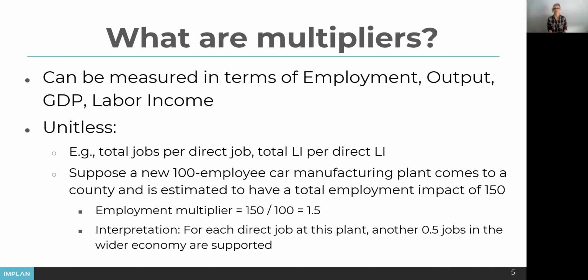The interpretation of this is that for each direct job at this plant, another 0.5 jobs in the wider economy are supported. And those could be jobs in other industries or service sectors in the economy, or even the same industry, but at a different company, because you might be buying some parts or some service from some other company in the auto manufacturing sector.